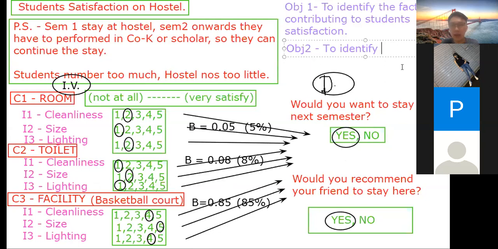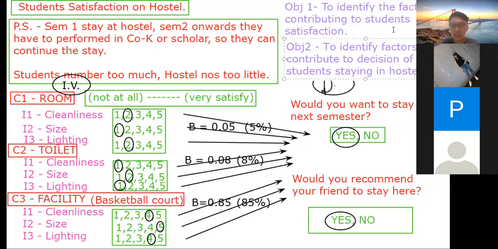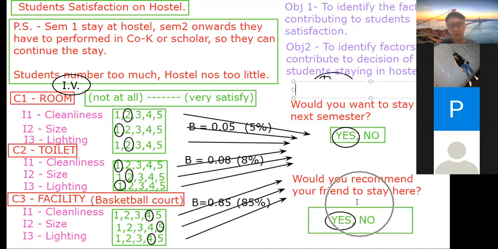This objective 2 is to identify factors that contribute to the decisions of students staying in hostel. So not only a yes or no answer, but I can know which factors cause this to be yes. Okay, objective 2. How about recommendations?